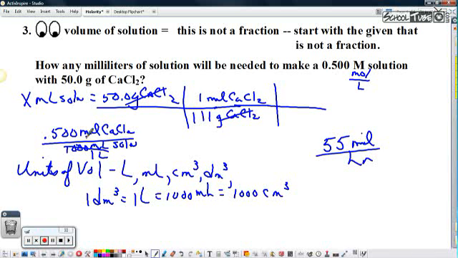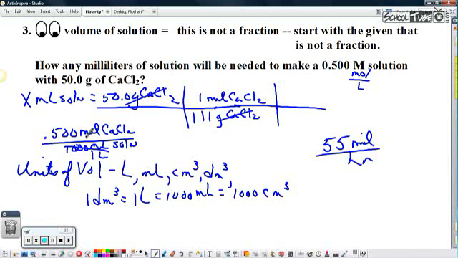So when I flip it, I got to flip the number too, not just the unit. But you knew that. You just didn't understand my question. Everybody, I think, knows by now that if you flip the factor, the numbers have to go with it. They don't stay where they are.